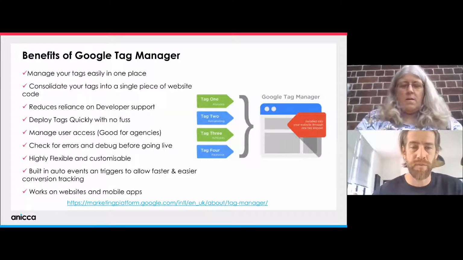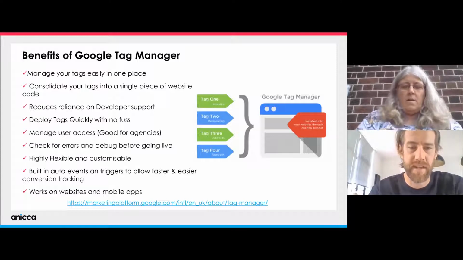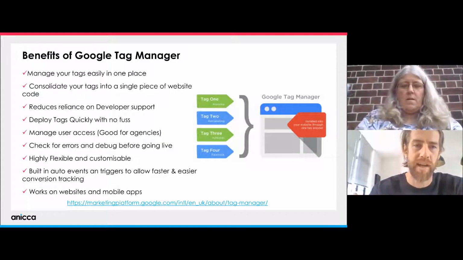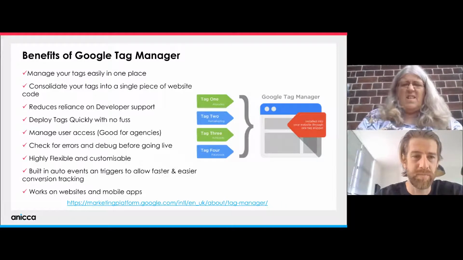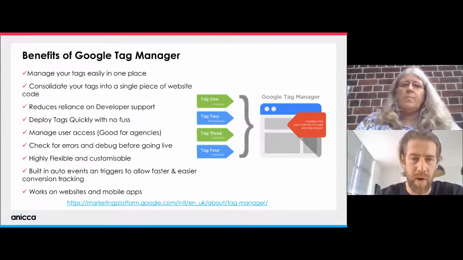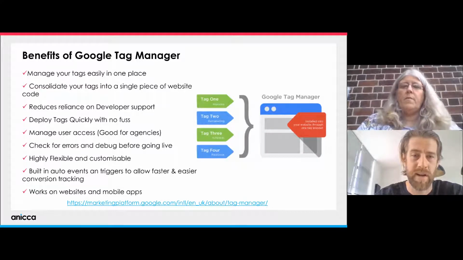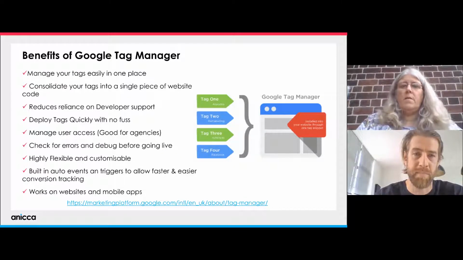It's really good for helping check for errors and debugging tags before going live. Highly flexible and customizable. So even web developers and IT people recognize the benefits of Google Tag Manager and being able to make life simpler for them.